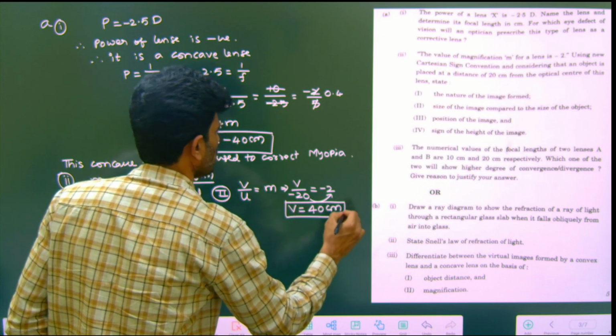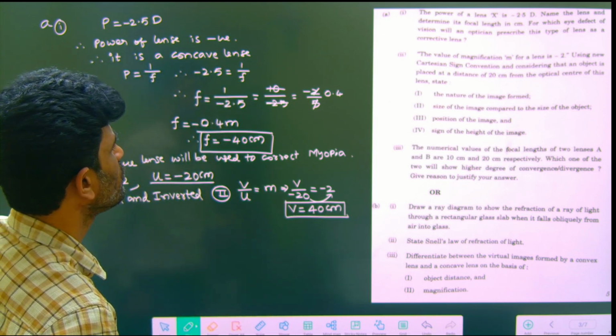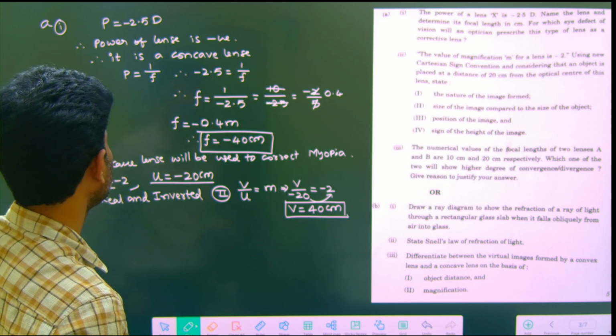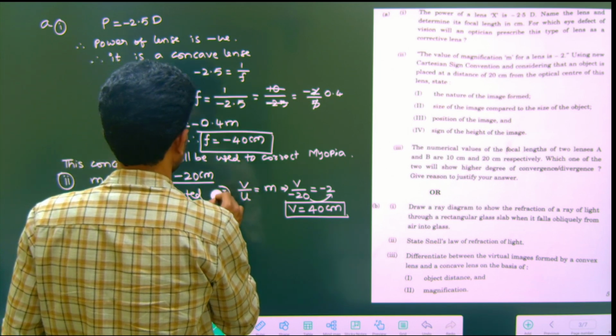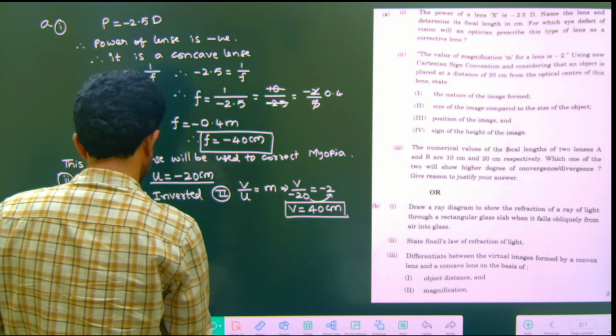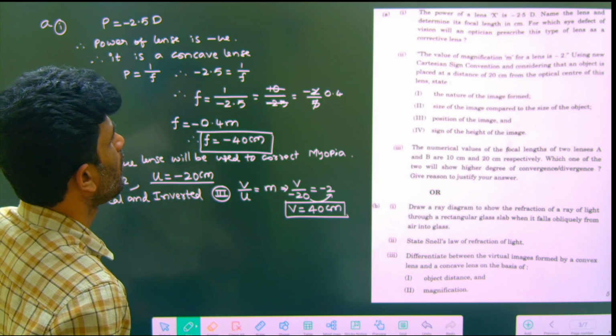This is the image distance. They are asking to find the position of the image. This is the third answer. Position of the image is 40 centimeters.